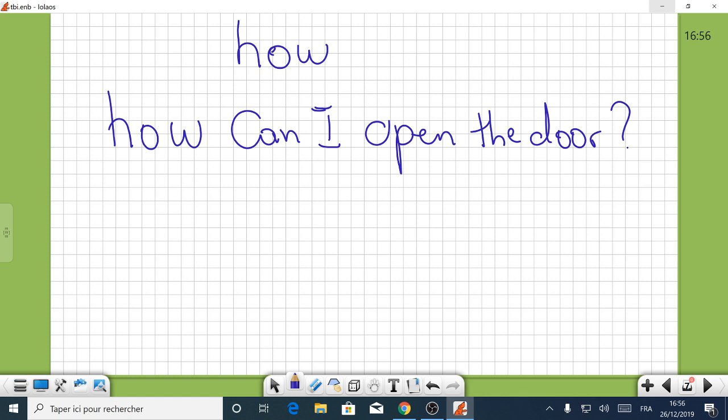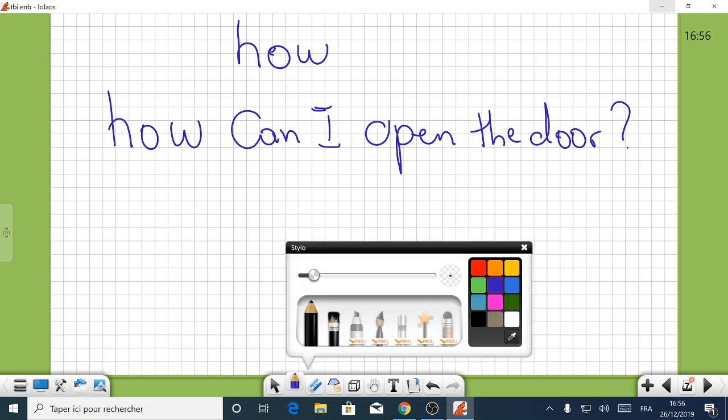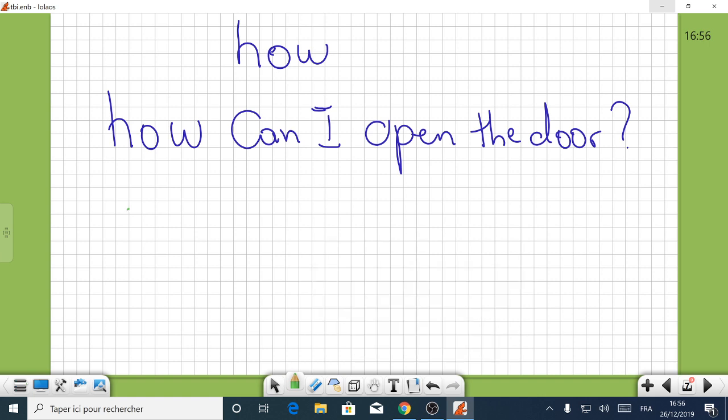So this is a question. Among the possible answers: please use the key. Which means I'm asking about the way with which I can open the door, and the answer is we use, of course, the key.